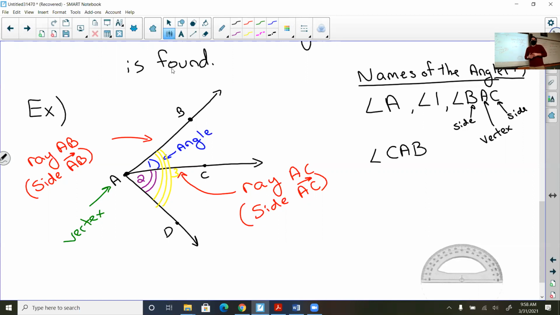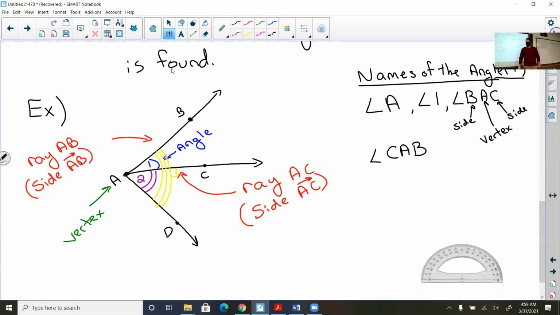So there are some things that we can't call angle A or angle 1. We can't call it angle ABC, because if I said angle ABC, I'm claiming that B is a vertex and there is an angle that exists there. That's not true, because there isn't a line that goes up to B and then down to C. I can't call this angle ACB, because if I said ACB, I'm claiming that A is a side, C is the vertex, and B is the other side.